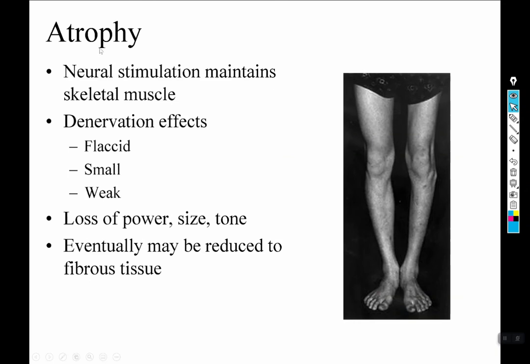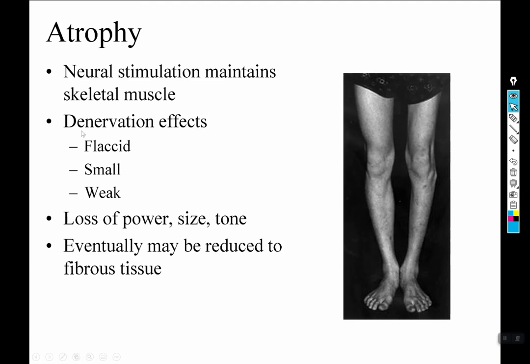Atrophy is the opposite situation from that. If neural stimulation is going to maintain your skeletal muscle, this means that even a resting state of partial contraction, or muscle tone, will provide some of that function.